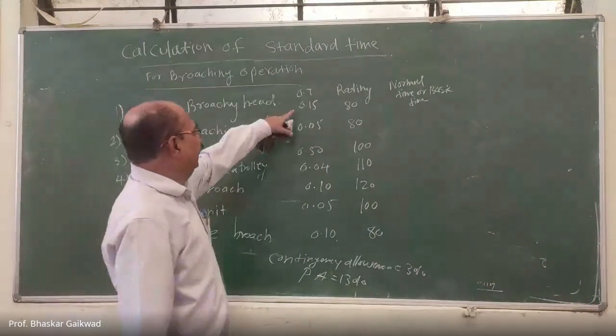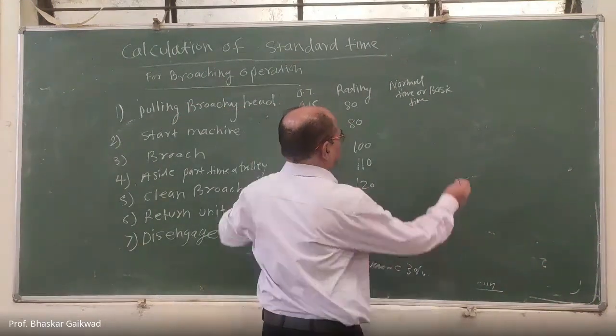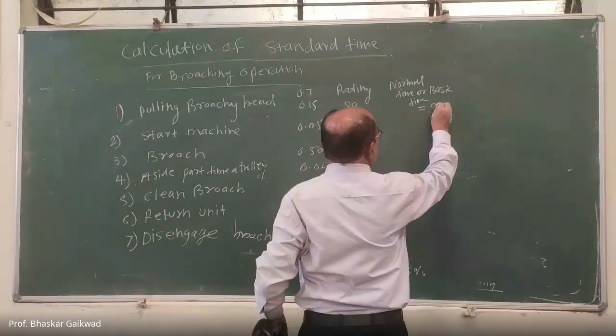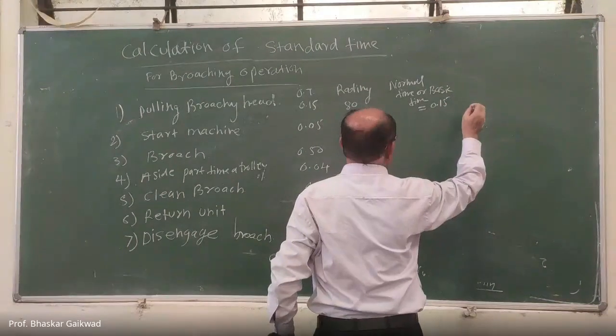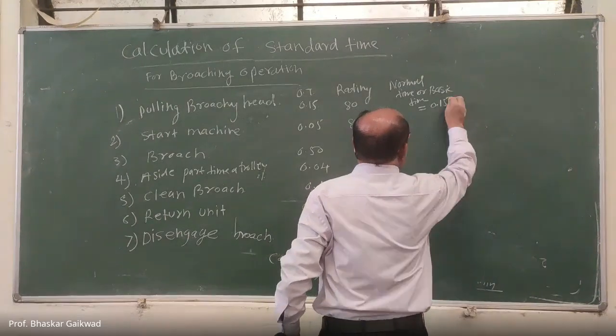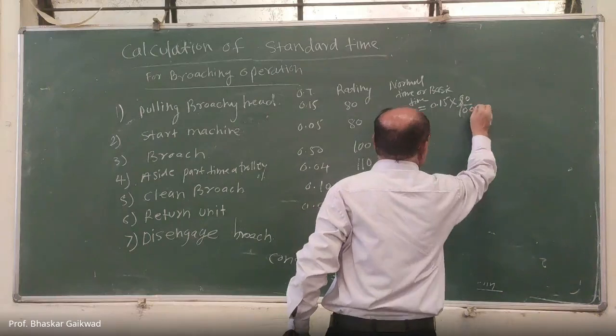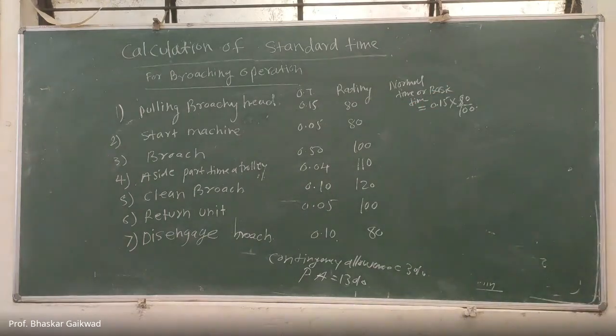So here the observed time will be multiplied by the rating. So observed time, the first rating: 0.15 into 80 divided by 100. So you calculate this.